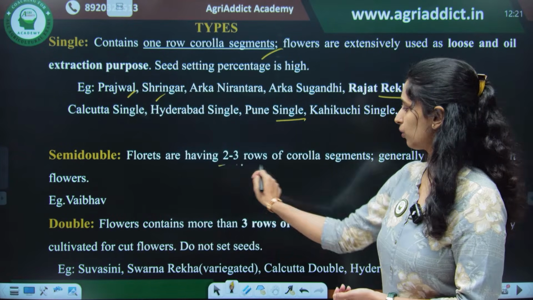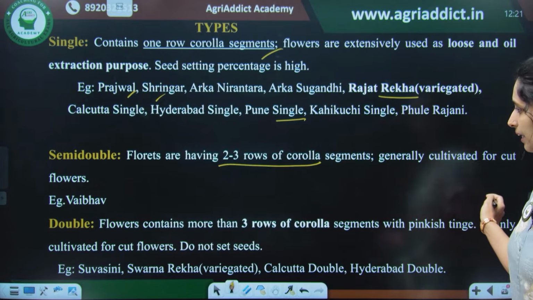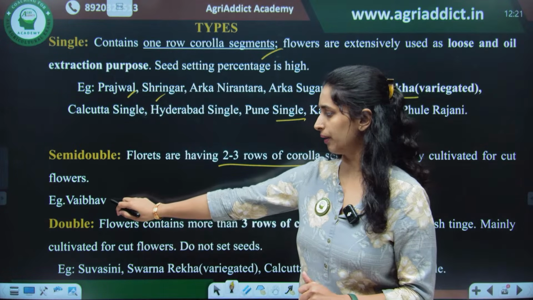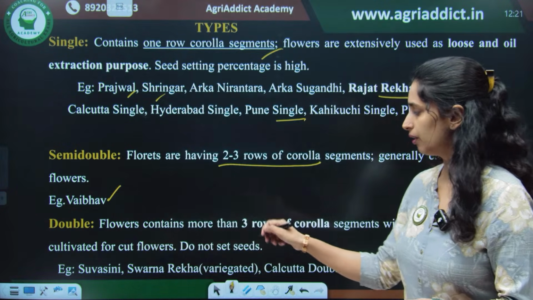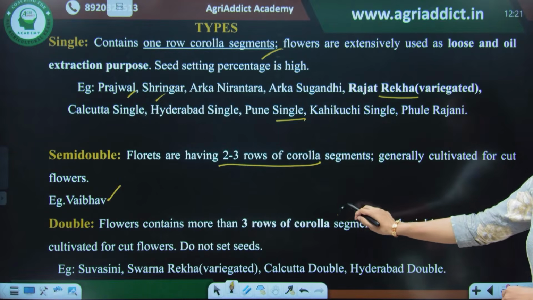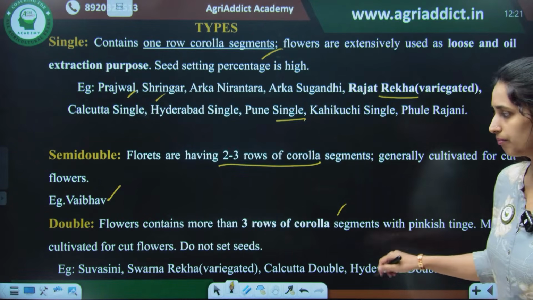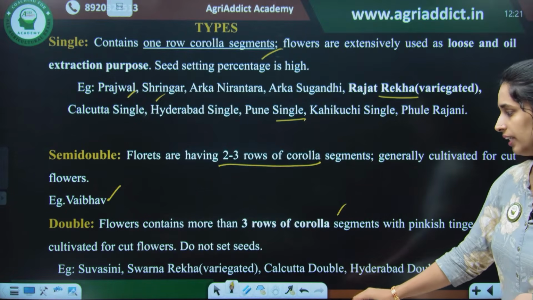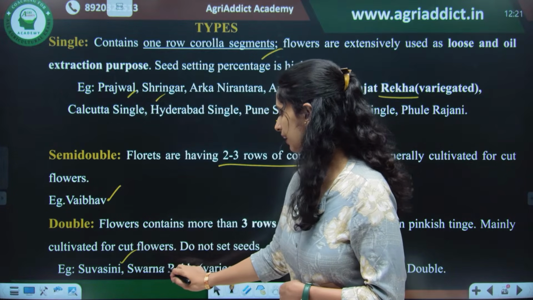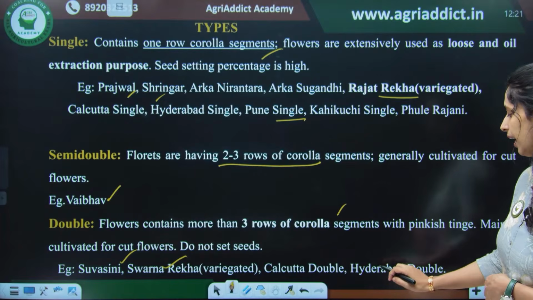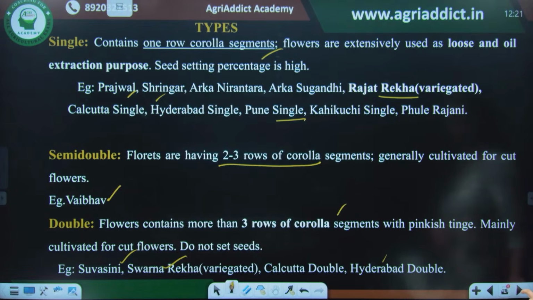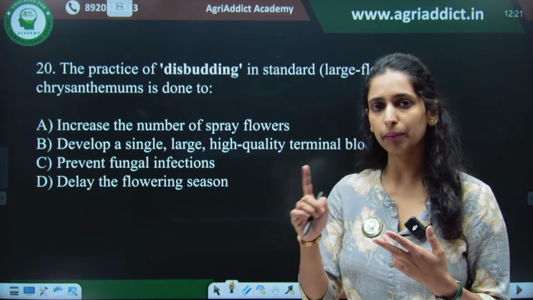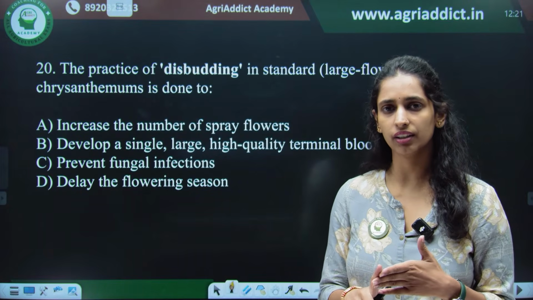There will be 2 to 3 rows of corolla segments, mainly cultivated for the cut flower. इसमें important variety Vaibhav. And double type, flowers contains more than 3 rows of corolla. Maybe buds may be pinkish in color. They are used for the cut flower. Like Suhasini, Swarna Rekha, Calcutta double and Hyderabad double. Okay. These are different 3 types. You remember varieties also, that is also important.